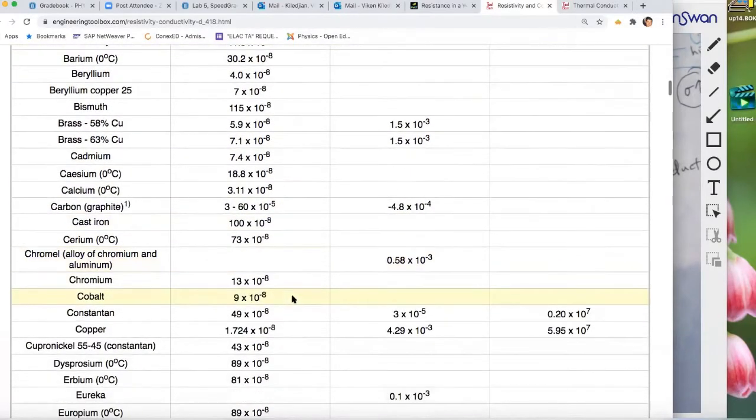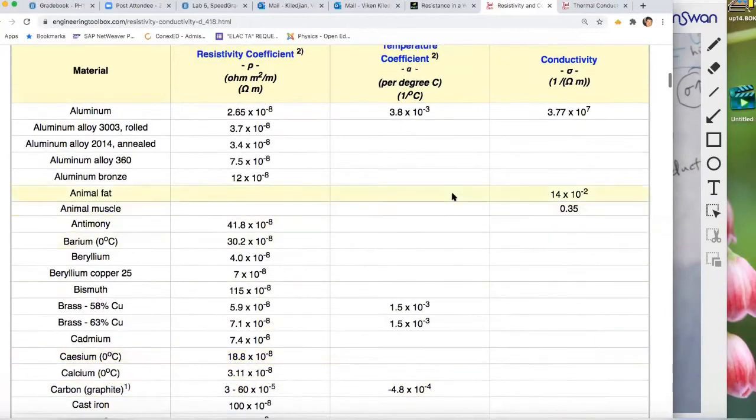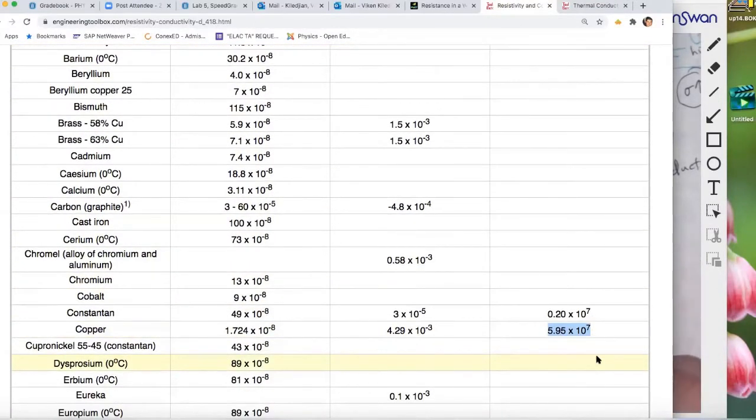Daniel corrected me. Okay, cool. Now the conductivity would be the reciprocal of that, in 1 over ohm meter. So sigma 0 is 5.95 times 10 to the 7th.